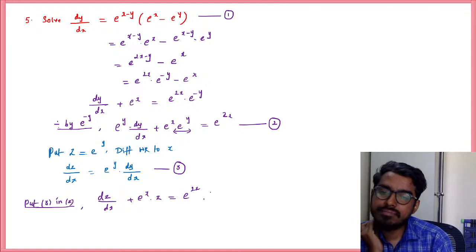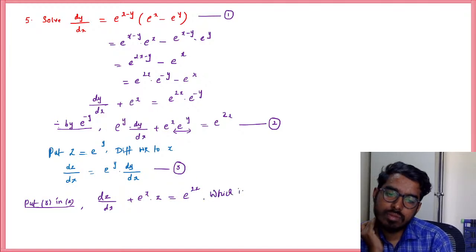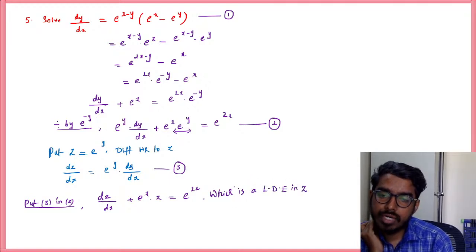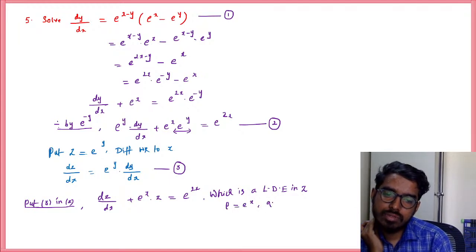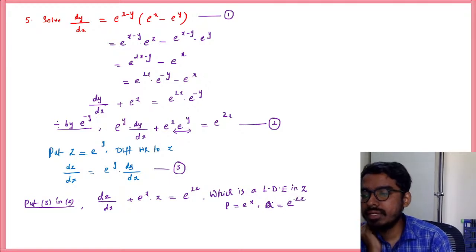This is a linear differential equation in z. P is e power x, and Q is e power 2x.